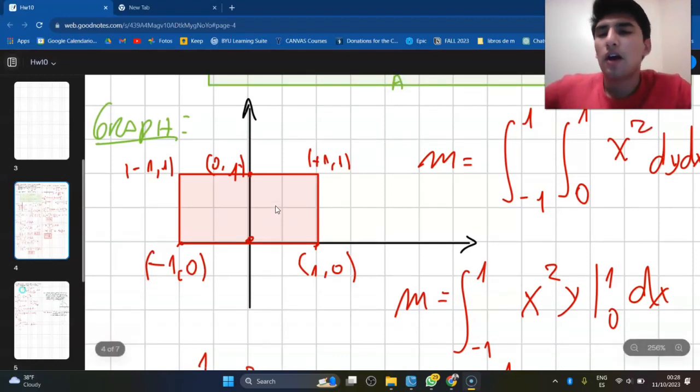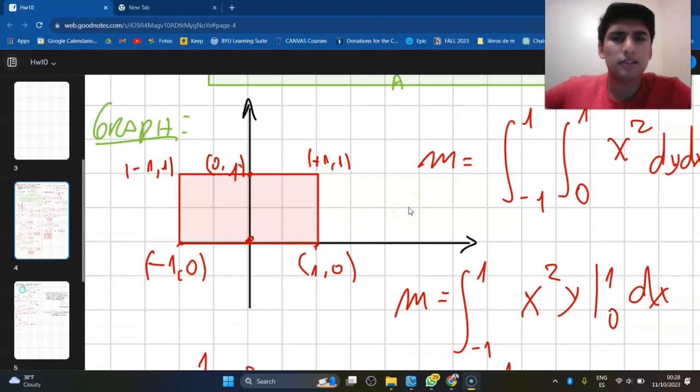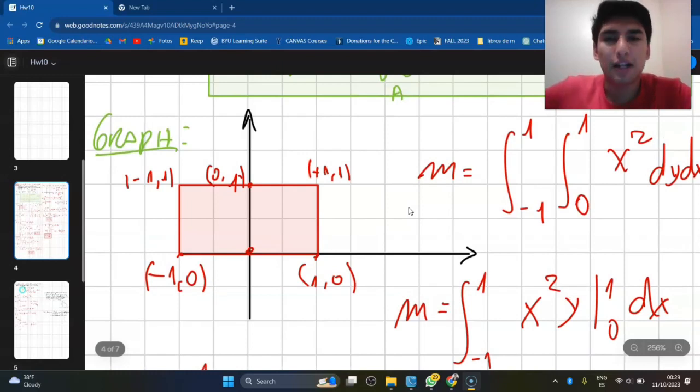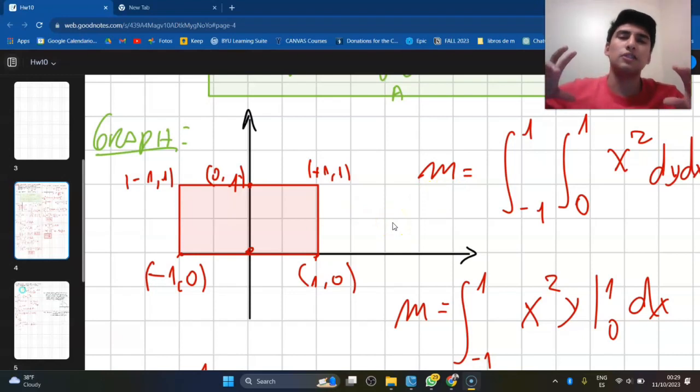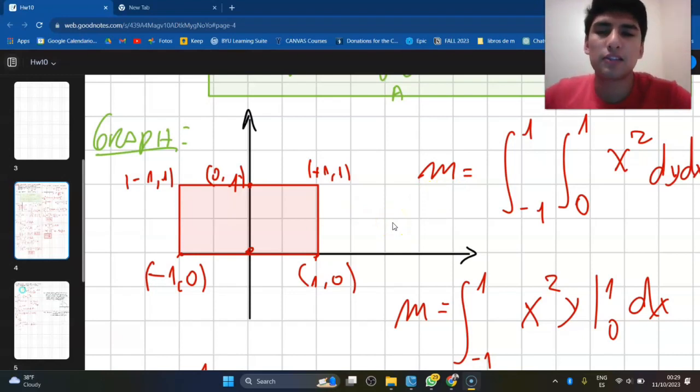At first sight I can see that in the x-axis my center of mass is not changing. It's not going to the right or to the left, but in my y-axis it is changing. Originally my center of mass would be at the point 0, 0, but right now our rectangle is above the x-axis, so it went about 0.5 units up.